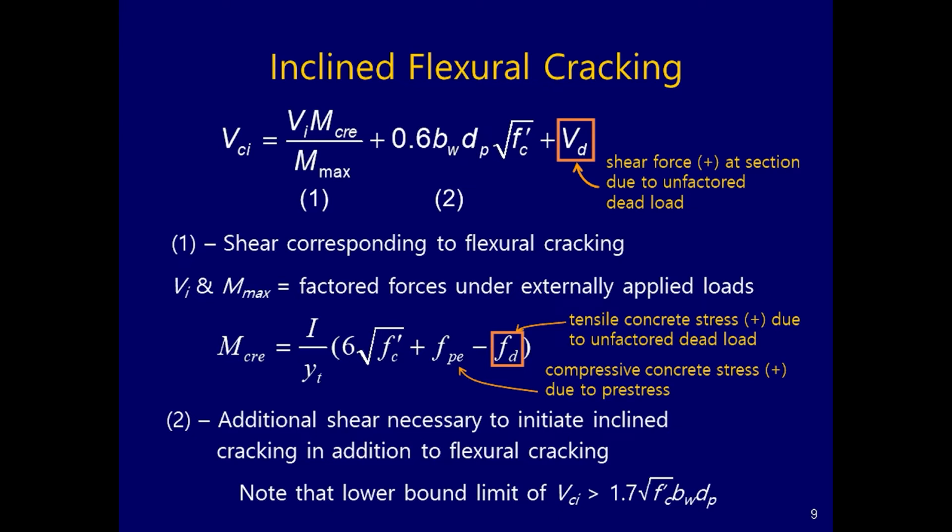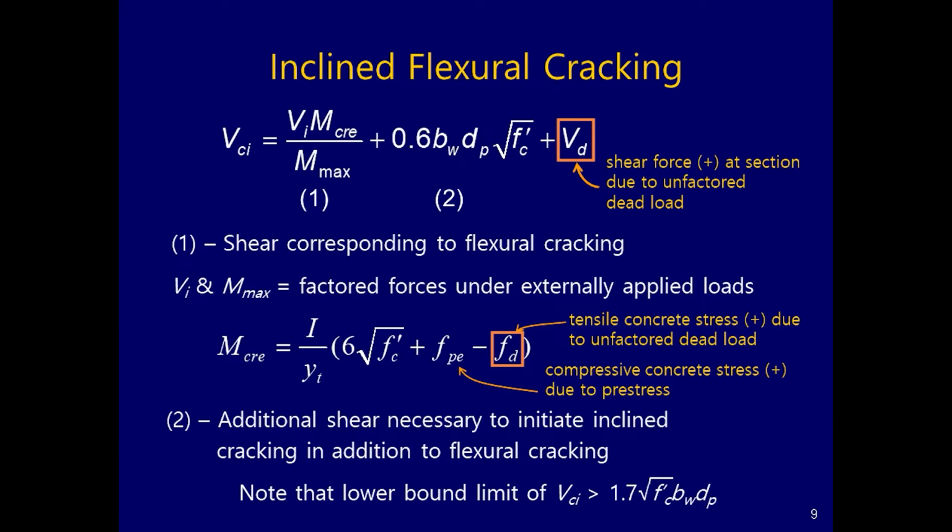And cracking moment here means you have a flexure cracking at the bottom. So this equation is familiar to you. And f_pe here is not the steel effective stress. It's the compressive concrete stress due to prestress at the level of the CGS. So it's a concrete stress, okay?